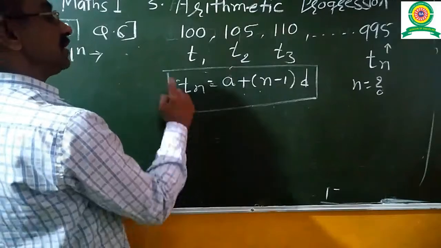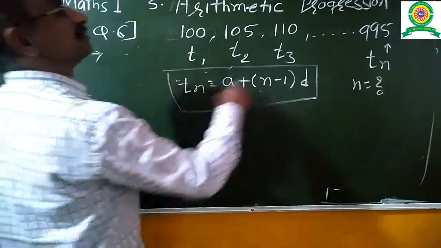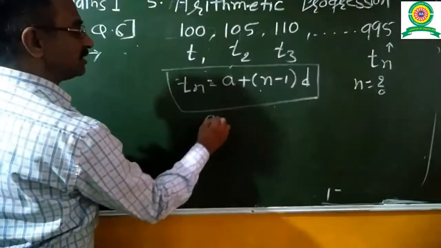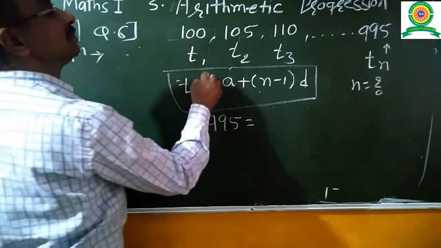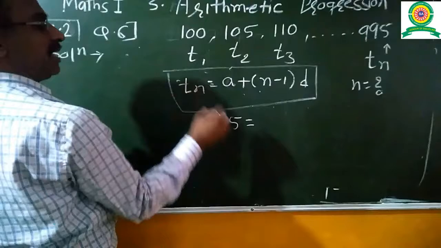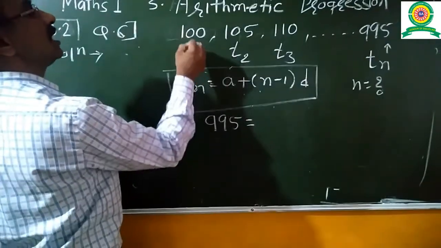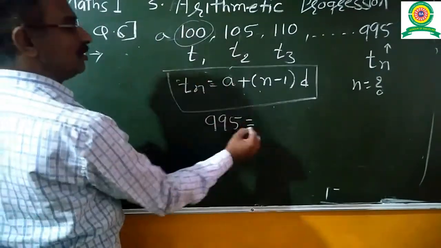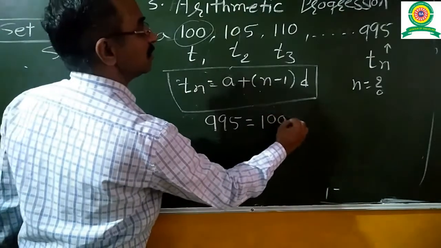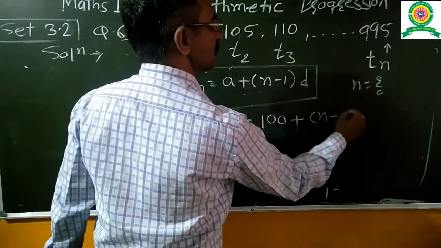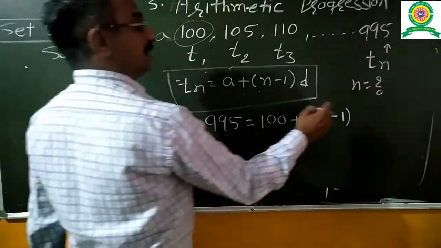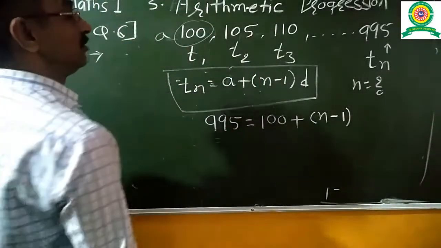By putting in the values: what is the value of Tn? 995. On the right-hand side we write plus A. What is A? T1 is also called A, so the value of A is 100, plus (n - 1). We do not know the value of n, so n - 1 remains as it is, times D. What is the difference?